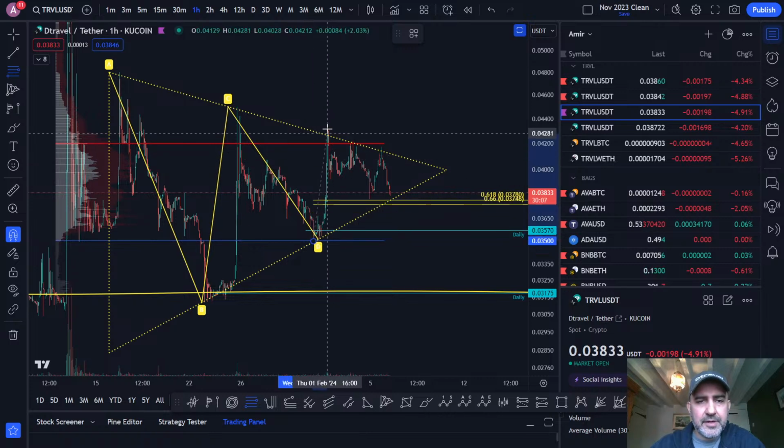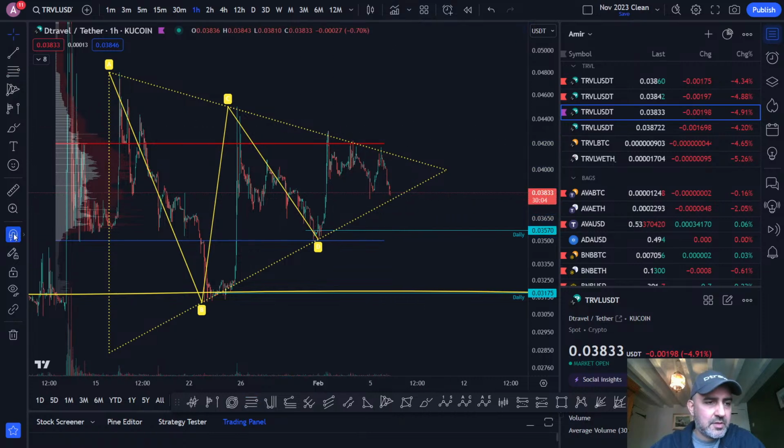We're coming into the golden pocket now, so maybe this does hold and go back up.